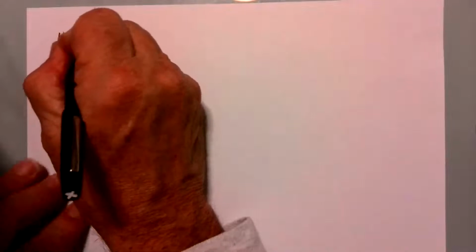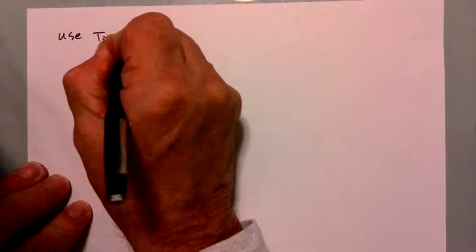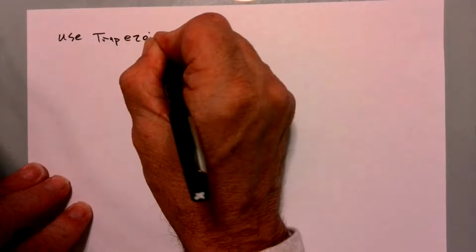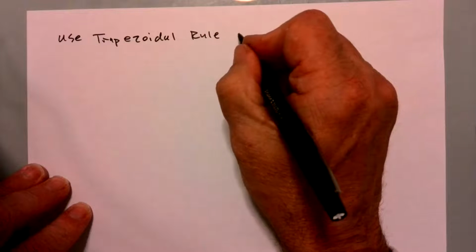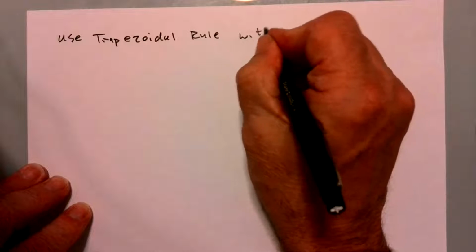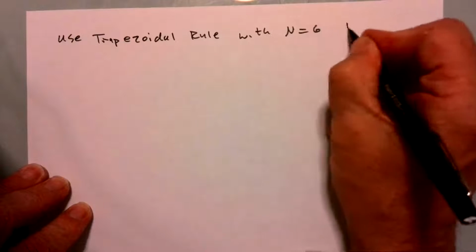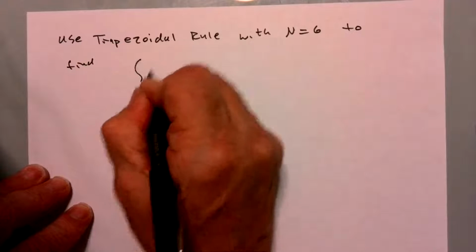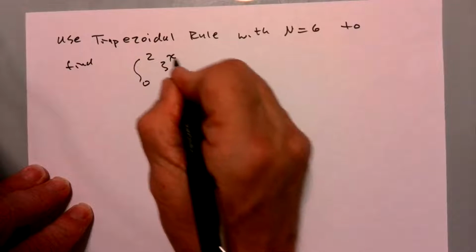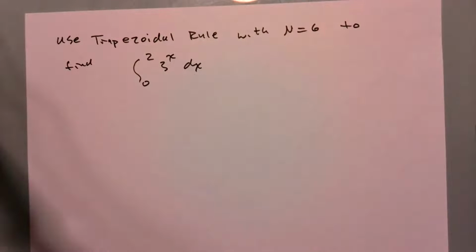Use the trapezoidal rule, this time with n equals 6, to find the integral from 0 to 2 of 3 to the x dx.